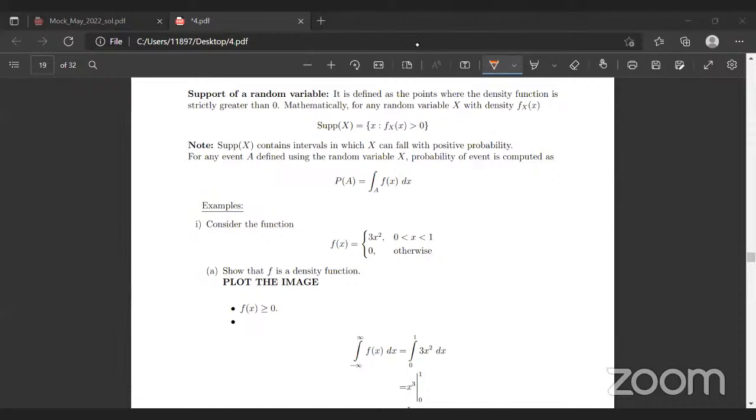Now you have something called support of a random variable. So what is the support of a random variable? If you have a random variable x with the density fx of x, then support of x is given by any x for which fx of x is greater than 0.